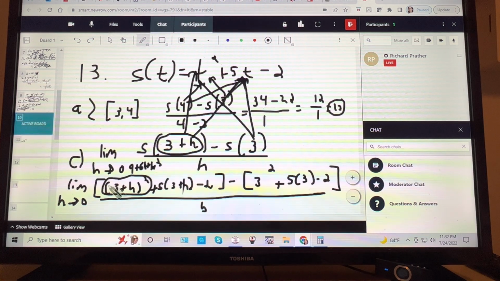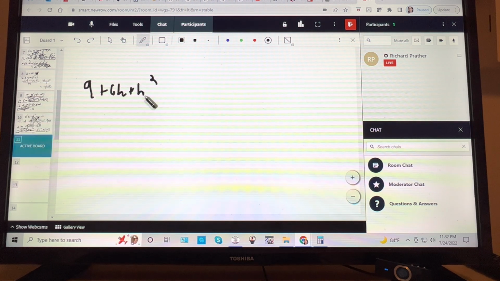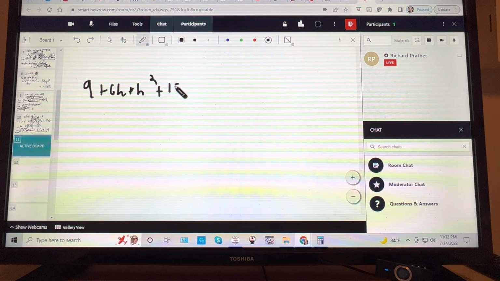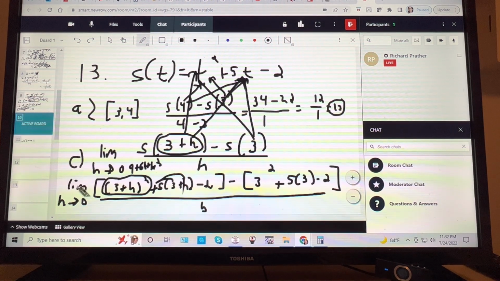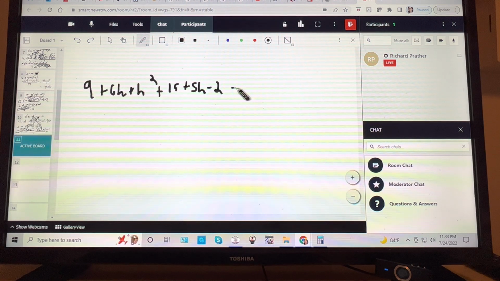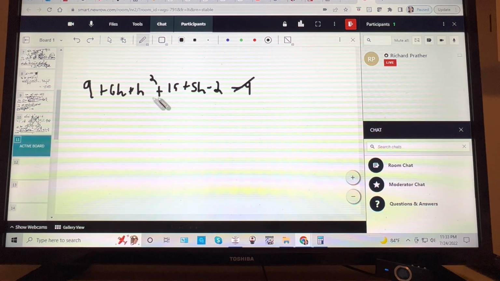Then here I can distribute: 15 plus 5h minus 2. It took 6 terms to get that all the way out. 3 squared here is 9, but then you put the negative on it and you get negative 9, and then it should cancel with positive 9 somewhere in the front.